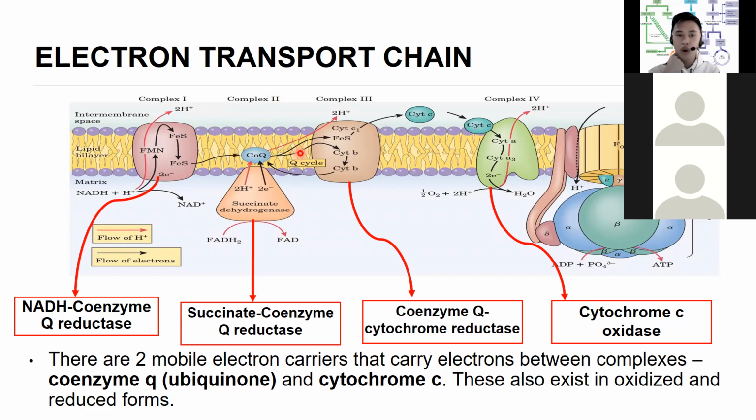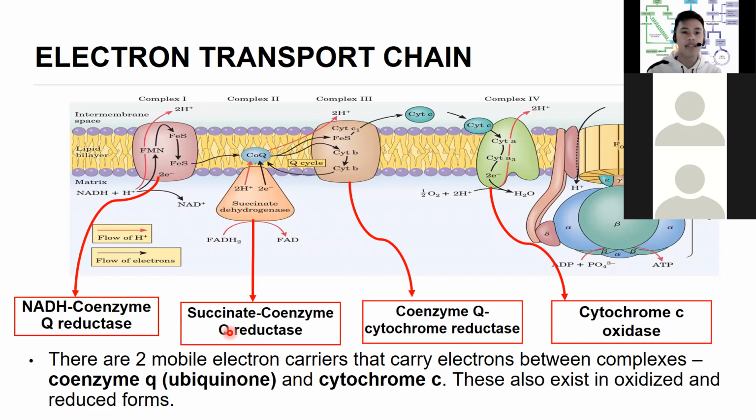The 2 mobile electron carriers are your coenzyme Q, also known as ubiquinone, and cytochrome C. I will explain later the significance of these mobile electron carriers, but I want you to emphasize that their main function is to transport electrons from one complex to another, because the 4 complexes are separated from each other.